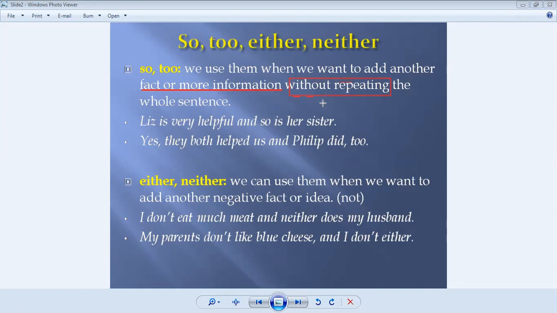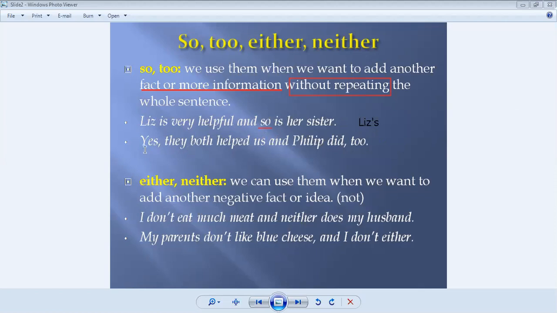Instead, you can use so and too to avoid repetition and to give a fact or more information about the whole sentence. For example, Liz is very helpful, and so is her sister. What does that mean, so is her sister? That means Liz's sister. To avoid repeating Liz, you can use so is her sister.